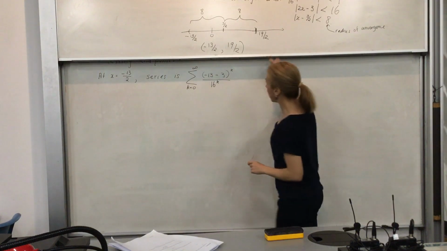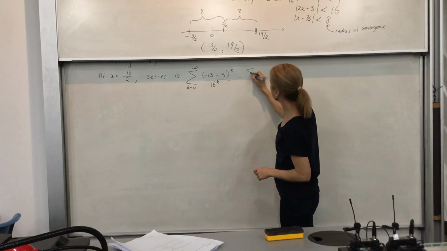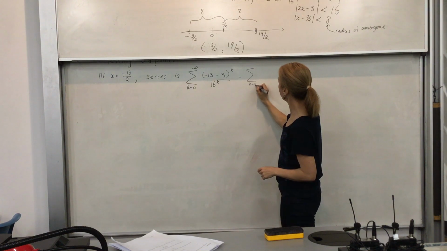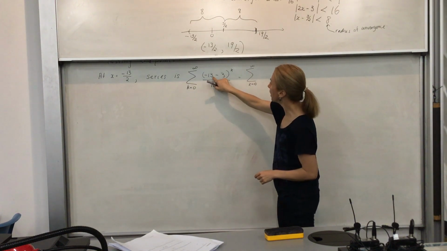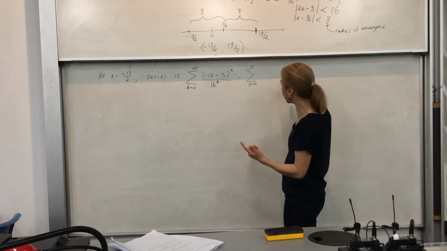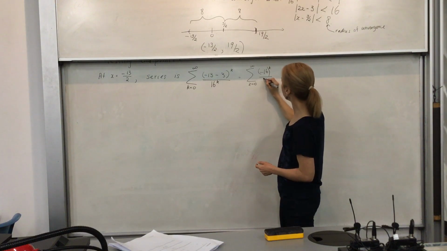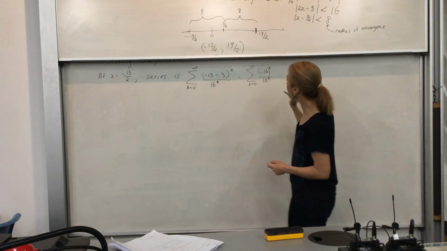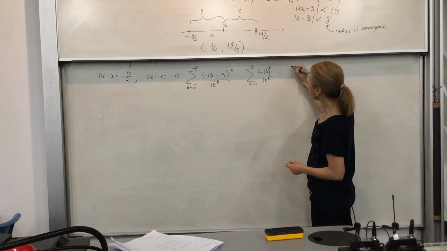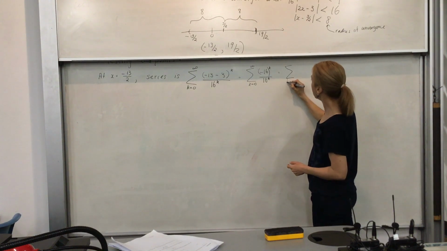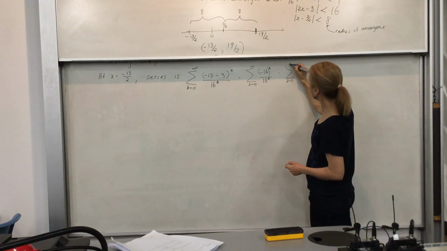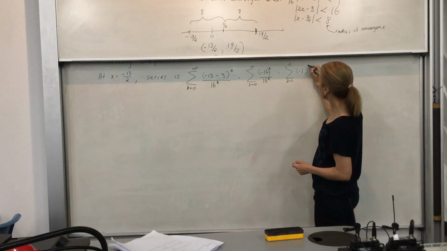So minus 13 minus 3 is minus 16 to the k, over 16 to the k. So in fact, our general term is (minus 1) to the k.